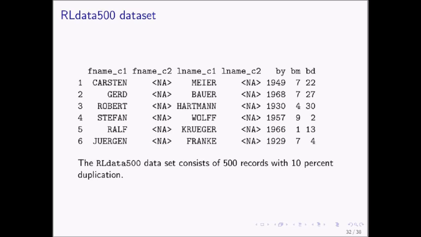I'm just showing you the first 6 lines of it. The names are in German, so you have first and last names. You have some missingness here, full missingness, so what we do is we just remove the missingness. And then you have full date of birth. So you only have 5 features.